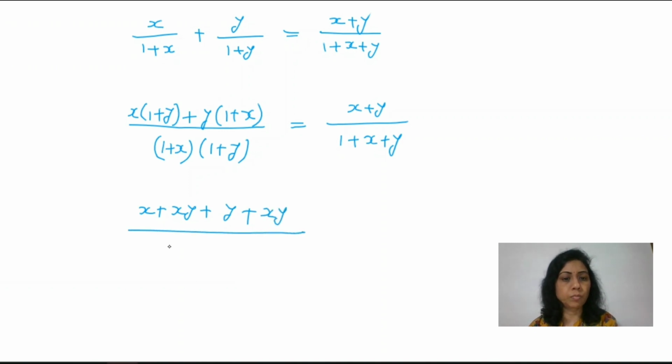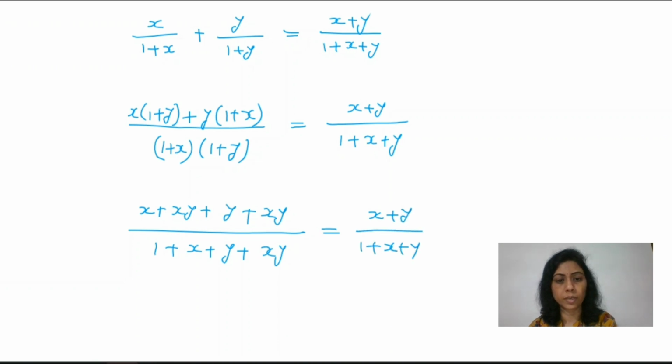Then 1 multiply by 1, 1 multiply by y, x multiply, and then y, and xy multiply, so xy, and this is x plus y divided by 1 plus x plus y.